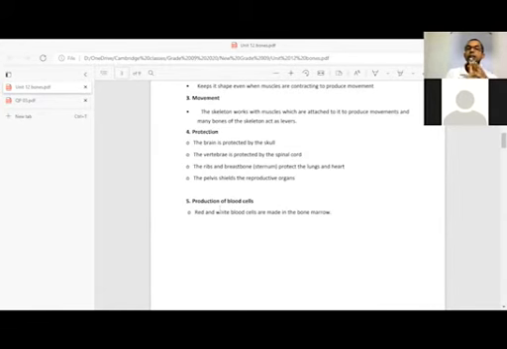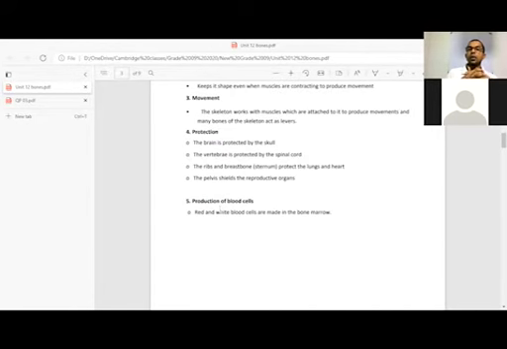The spinal cord is protected by our backbone, the vertebrae. Also, our lungs and heart are protected by the ribs and the breastbone, which is the sternum. And the pelvis shields the reproductive organs. So see how the skeletal system gives protection for the organism.